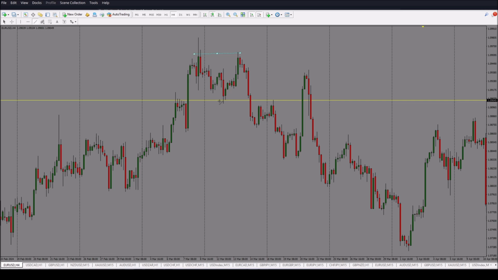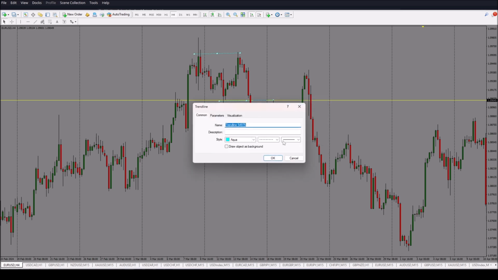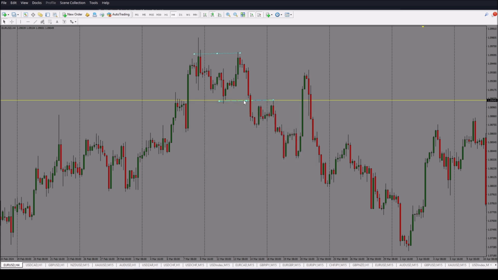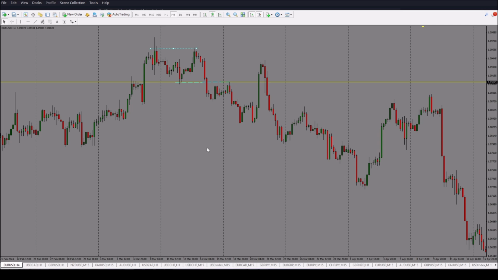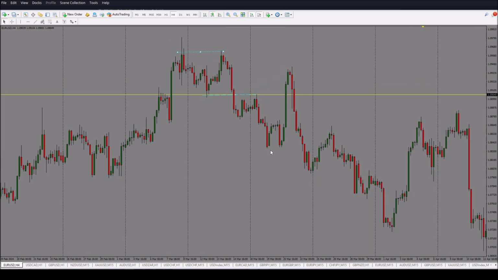We can see we had a break of structure, or a break of the neckline, right? So in this case, a break of neckline is our first thing to find the market bias, the primary market bias.